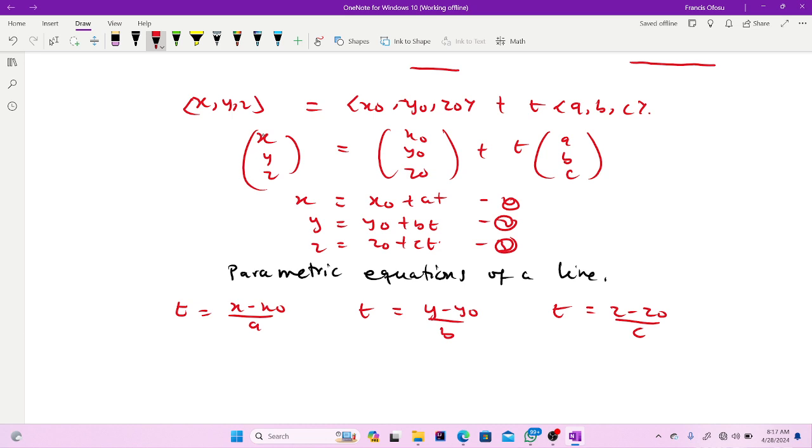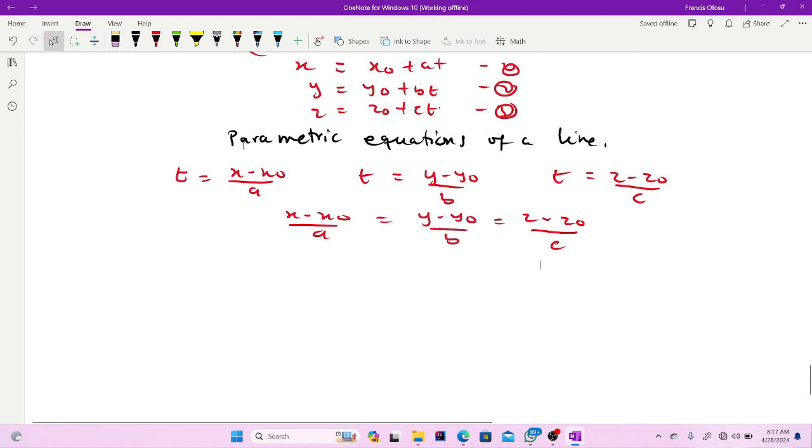Since t are all equal, I can join these and I'll have a new set of equations which does not depend on the unknown t. And this is what we call the symmetric equations of a line.